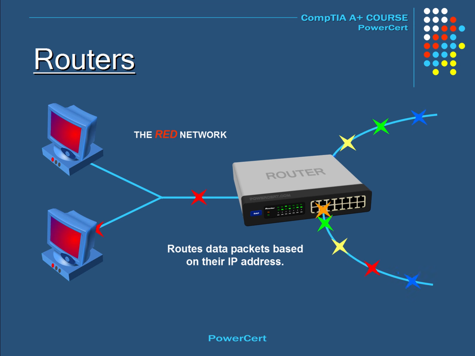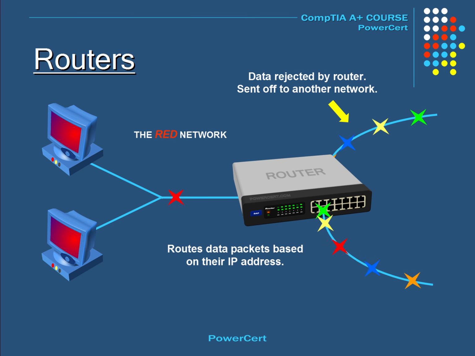The router is only going to accept the red data packets because they are the only ones that are intended for this network. So all of the other data packets, the yellows, blues, greens, etc., will be rejected by this router because they were not intended for this network. This is a very simplified illustration of how a router works, but I think you'll get the idea.